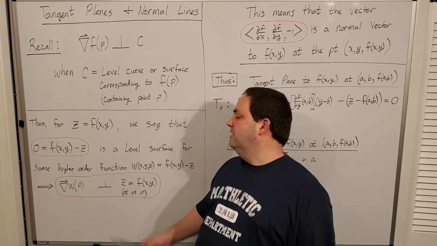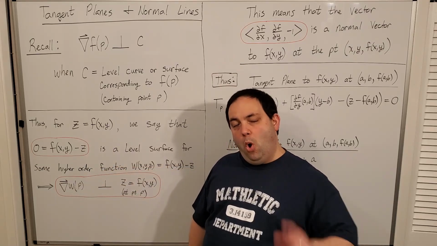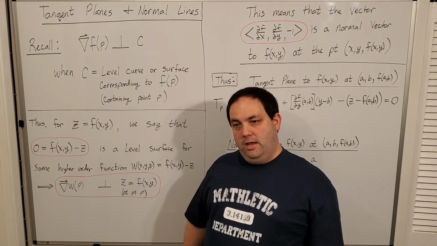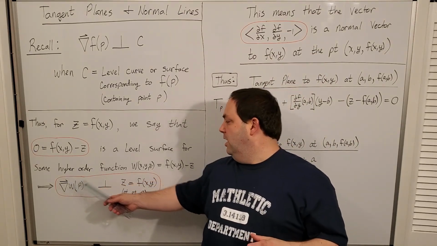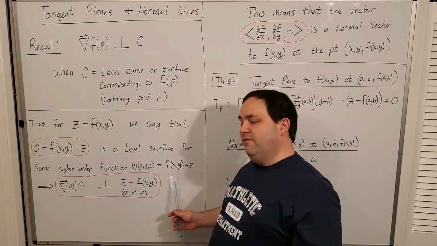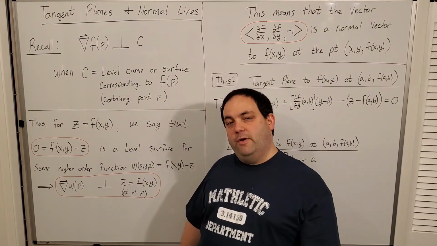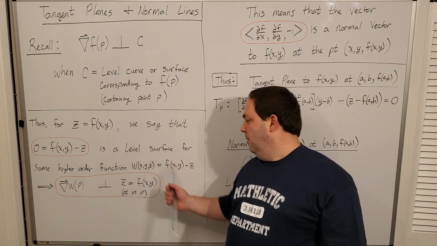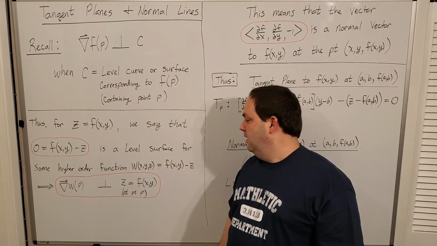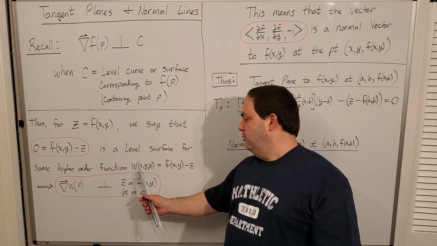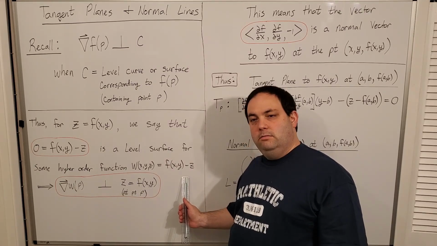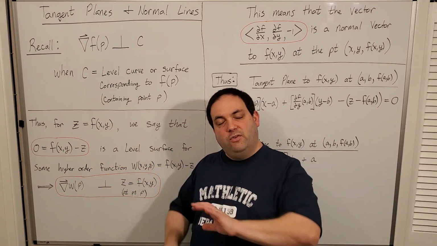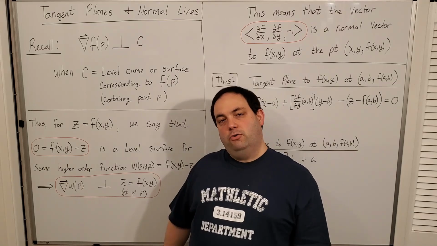Now, what you can do is think of that as one level surface of a higher order function, a function that has a w equal to some function of x, y, and z. But the particular function of x, y, and z that we're referring to is f of x y minus z. So imagine there was some function w that was equal to that. Then 0 equals f of x y minus z is just one level surface out of this bigger function.